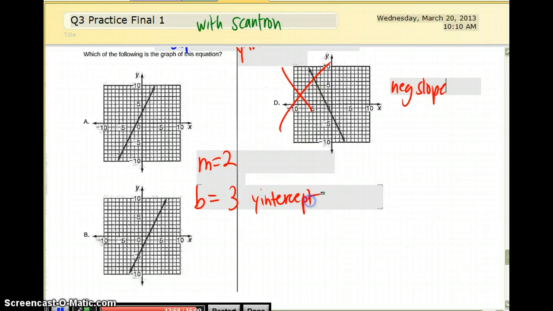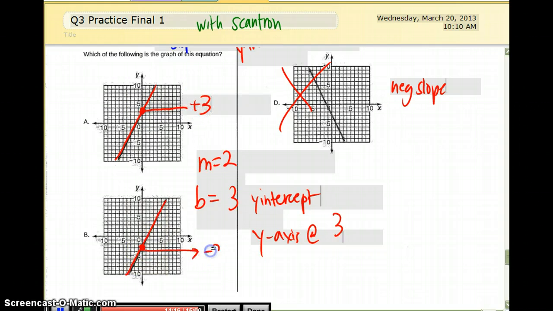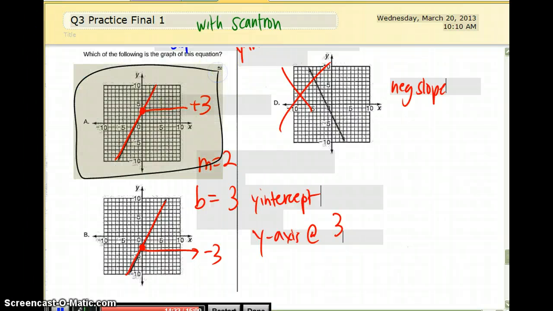That means the line will cross the y-axis at 3. If I look at this line, it crosses the y right here. This line crosses the y down here. Right here, it's indicated by positive 3. Right here, it's indicated by negative 3. So my correct answer would definitely be A. Okay?